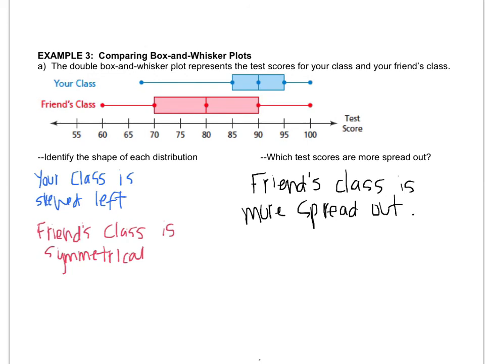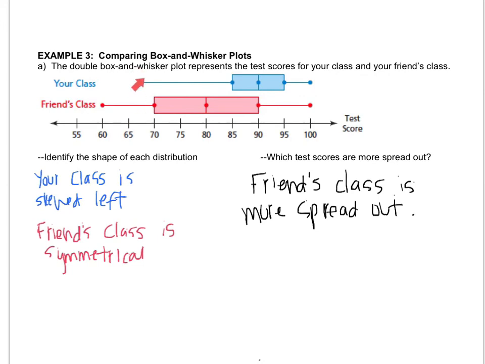And who knows why, because we don't have the list of numbers, but this could be where in the friend's class there were a whole bunch of grades and they were just spread out. And in your class, you might have most of the people scoring here, and then maybe one or two people all the way down here, and that's why the whisker has to go all the way out to that lowest point.